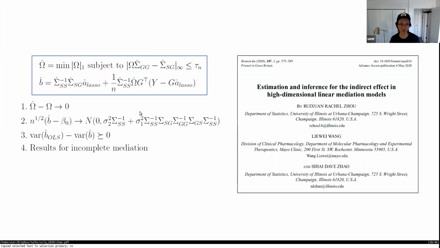And this extra term is just like in the low dimensional situation. You can show that the OLS estimator has higher variability. So if this is a matrix, then this matrix minus this matrix is positive definite, or positive semi-definite. And then we had similar results for incomplete mediation, although not the power result.